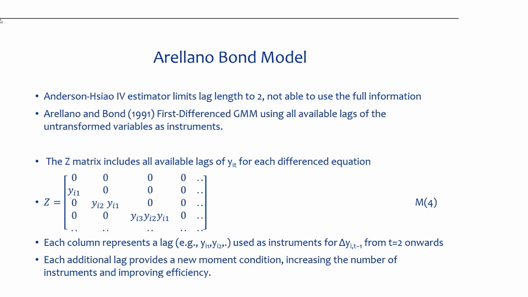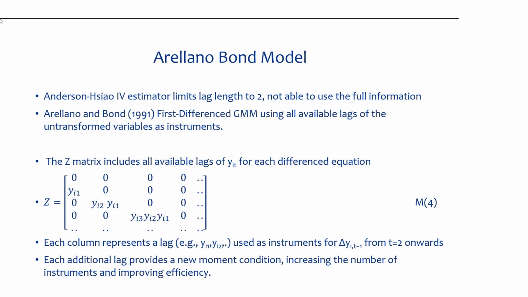So Anderson and Hsiao's model has this problem. What Arellano and Bond do is that they come up with a model which addresses this problem, the problem that you can use only 2 lags. Anderson's model's lag length limit restricted to 2 is overcome through the Arellano-Bond model.